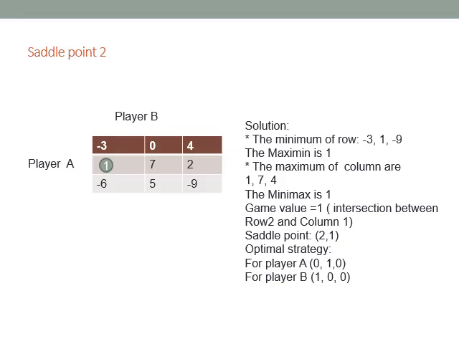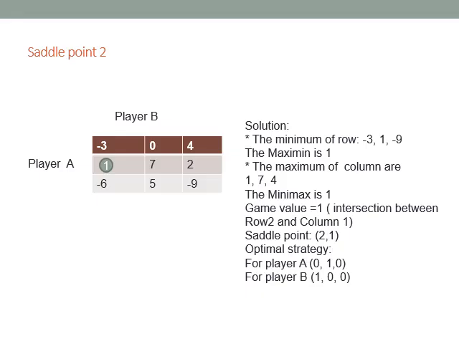Also, player B had 3 columns, and respectively he gets 3 strategies.